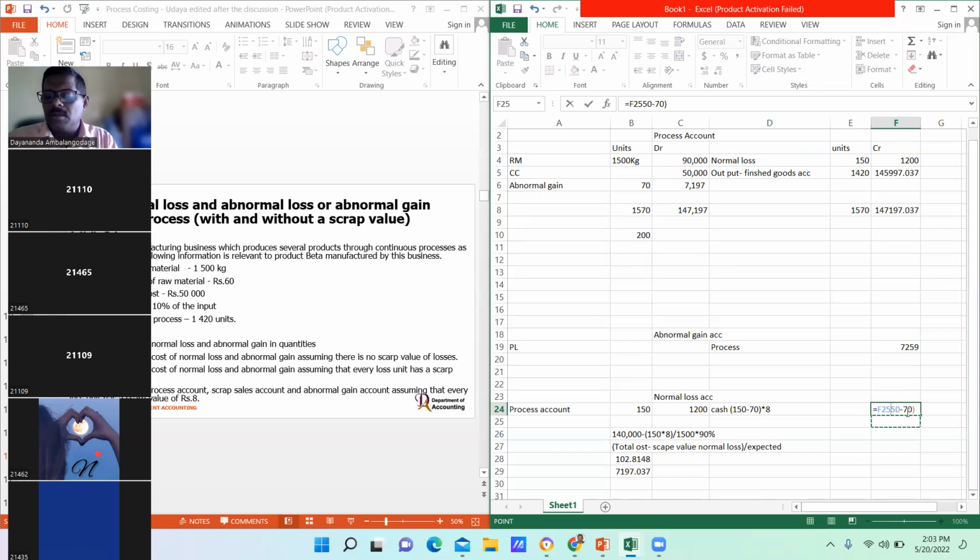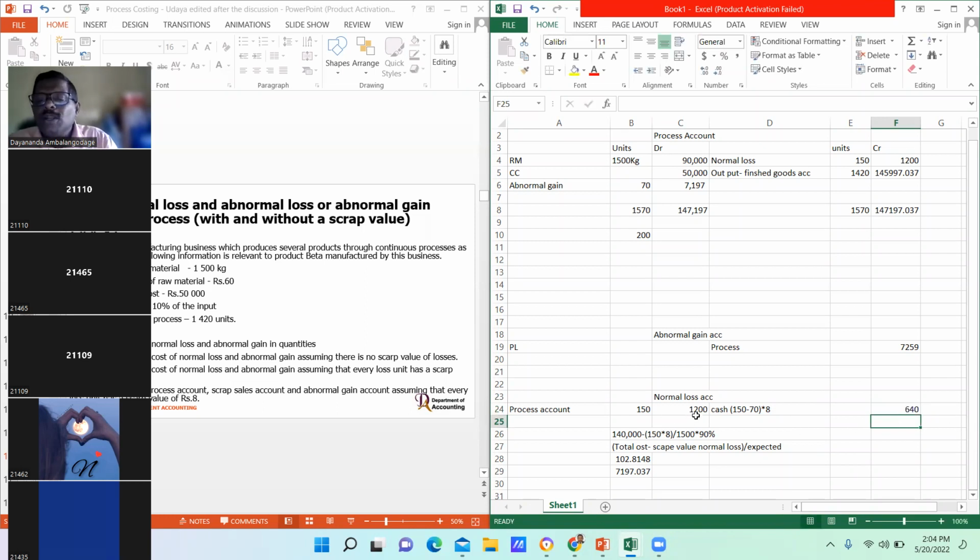Oh my god, what happened? Yes, 150. 8 rupees. That is what you get as cash.